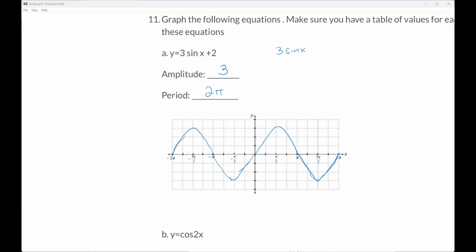Okay, so this is 3 sine 2x plus 2. All right, and then just shift it up. If I were you, maybe just do this, and just say plus 2.